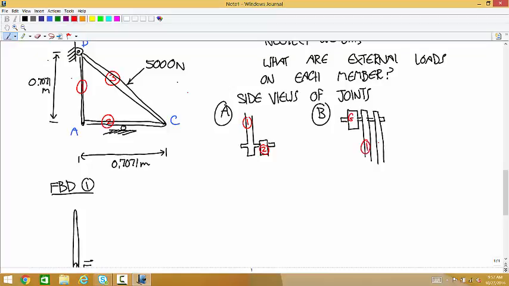This is member 1 and this is member 3. So at this joint, the things that are touching it are the ground, member 1, and member 3. So what's the lowest numbered member at that joint? 1, and so the pin is part of member 1.